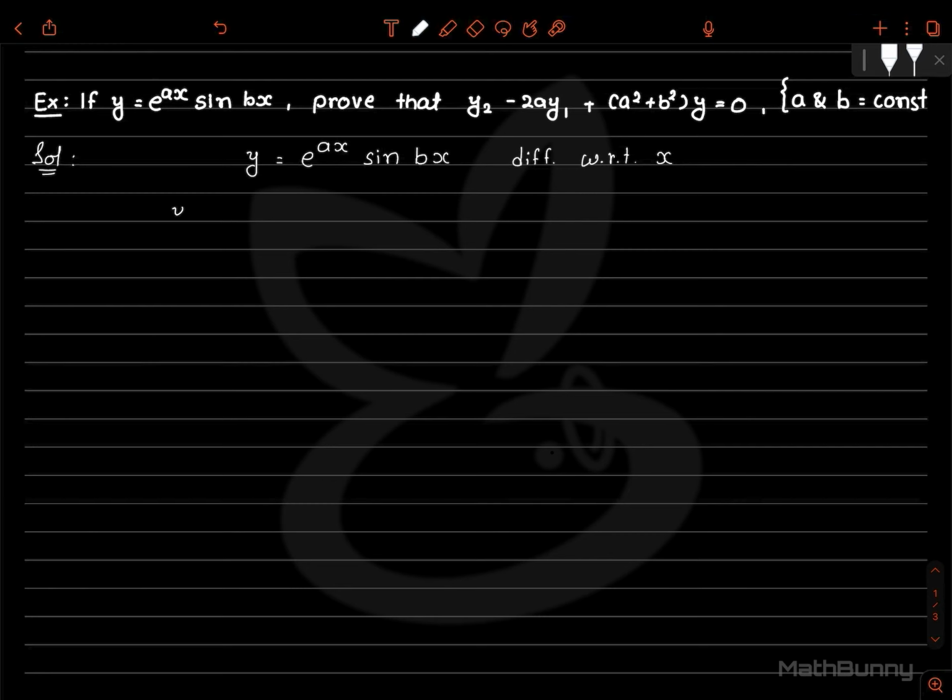It will give us y1 is equal to, the chain rule will apply, e raised to ax into d by dx of sine bx plus sine bx into d by dx of e raised to ax.